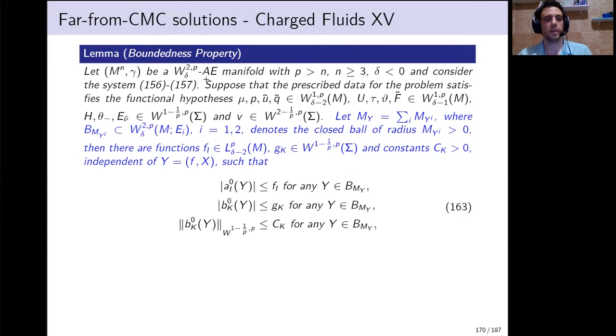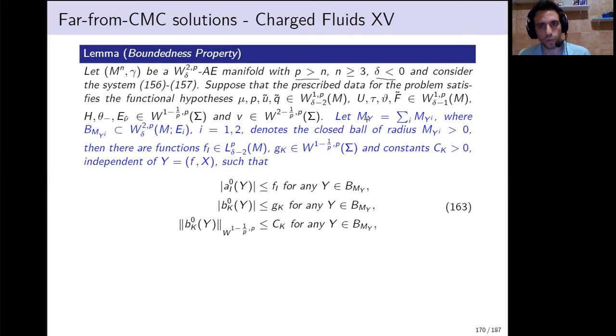Good. So the first of the properties is what we call the boundedness property. If we have our asymptotically Euclidean manifold with our regularity assumptions, this is the system that we are analyzing. We impose our coefficients to be in the right functional spaces here. And the idea is to be able to obtain this kind of global estimates.